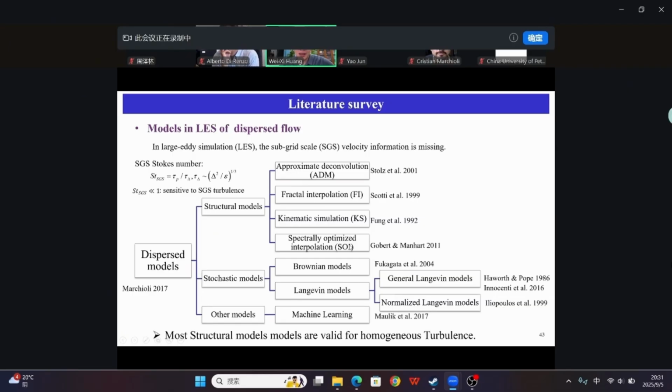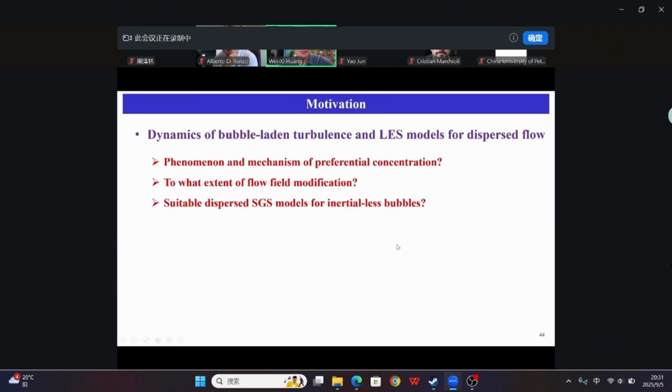But most models so far are valid for homogeneous turbulence. Here we mainly concern wall-bounded turbulence, which has very significant anisotropy. So it poses some challenge to the model, which I will show later.